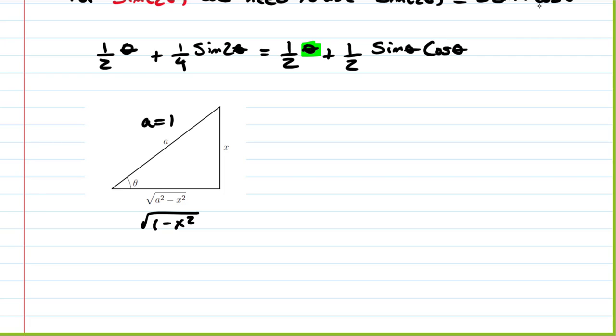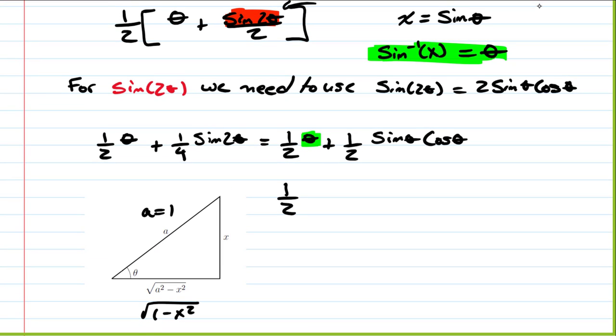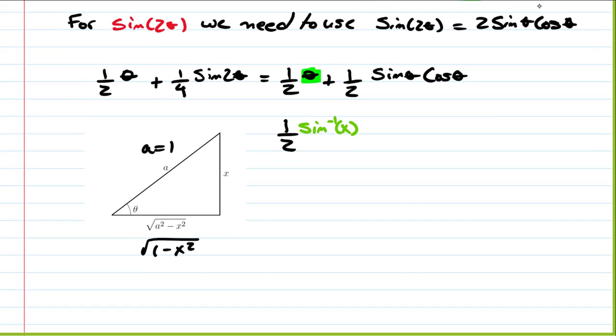So we're going to end up with 1/2 times the inverse sine of x plus 1/2. And then our sine theta is going to be x over the square root of 1 minus x squared, because it's opposite. Oh, sorry, wrong thing. That's tangent. It's just going to be x, right? Because it's opposite over hypotenuse.